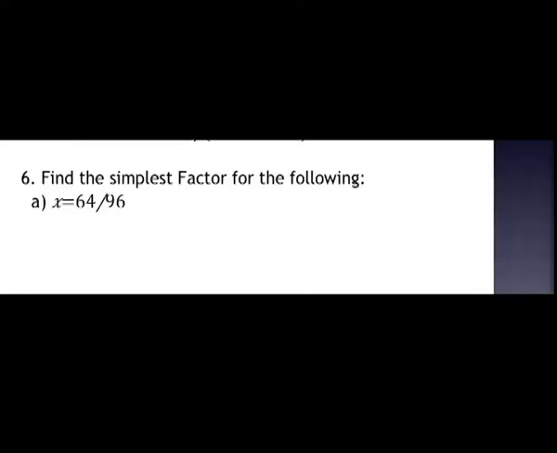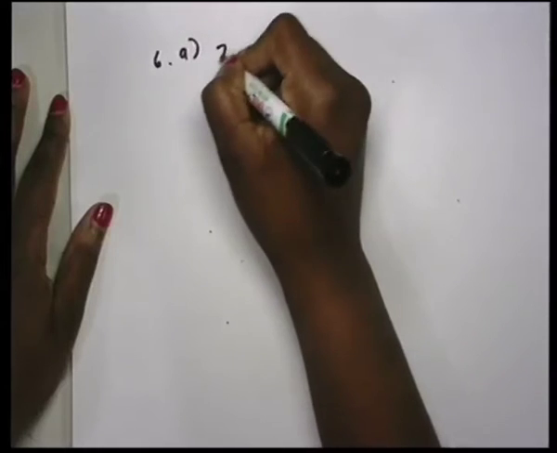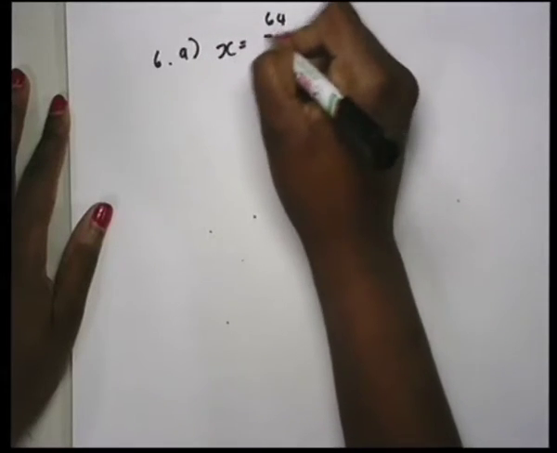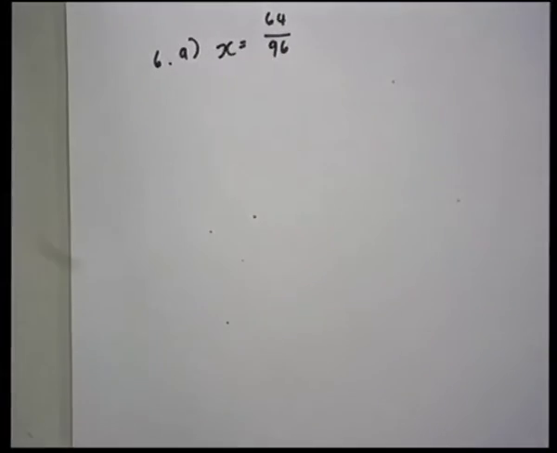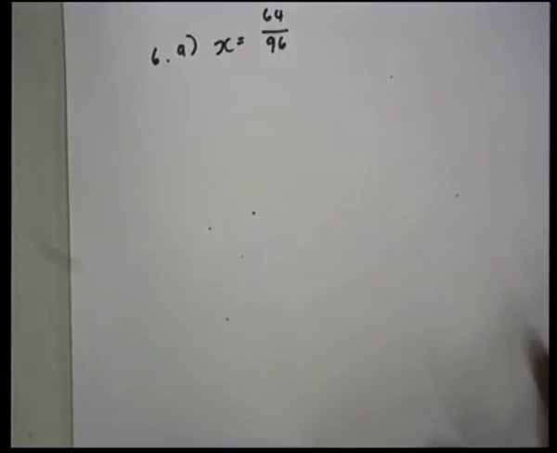Question number 6 says, find the simplest form for the following. So in question 6a, x is equal to 64 divided by 96. Now, this is just simplification, because you're trying to get it into a simpler form.